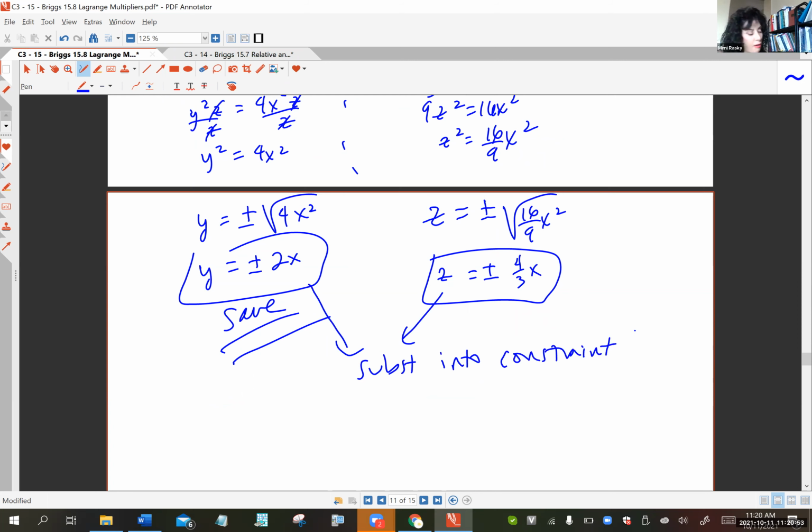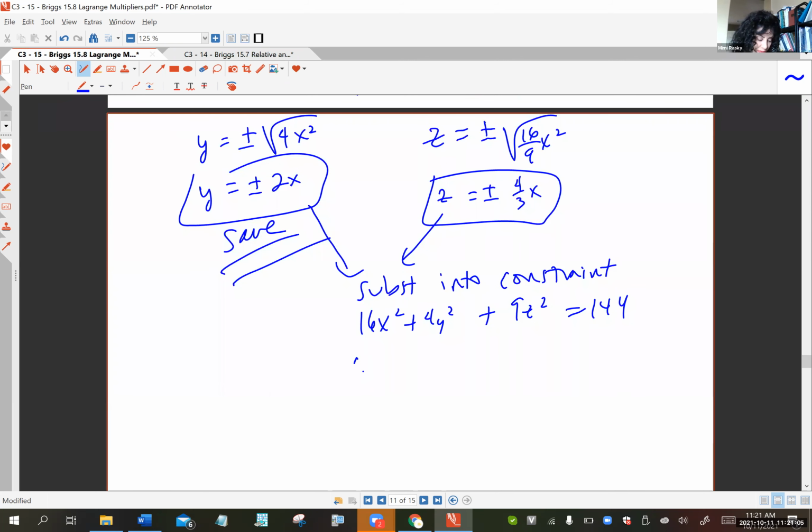keeping x himself. Now, what is the constraint? We forgot. It was 16x squared plus 4y squared plus 9z squared equals 144. It was the ellipsoid, the egg. So when you substitute plus or minus 2x into y, and since y is getting squared, it doesn't matter plus or minus.